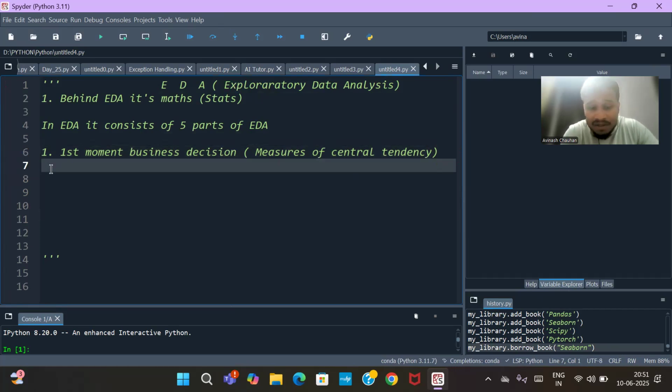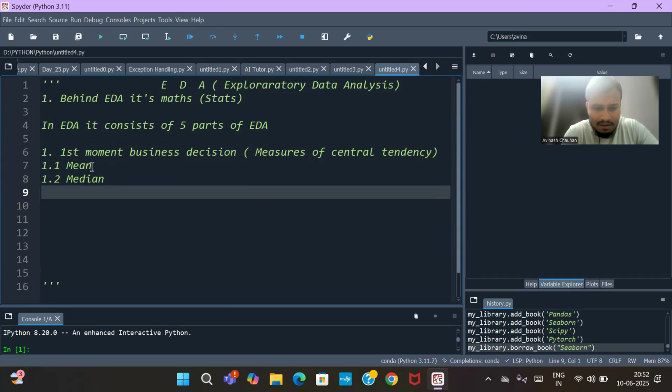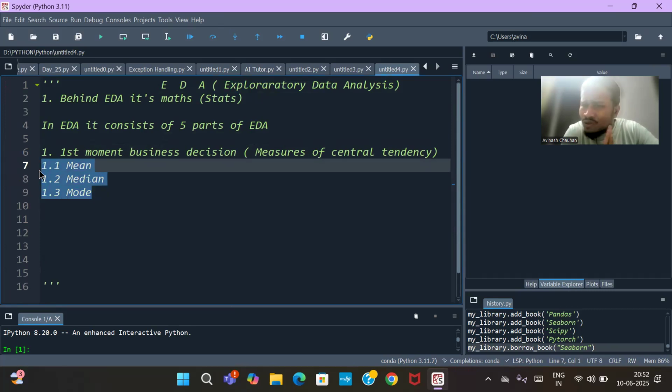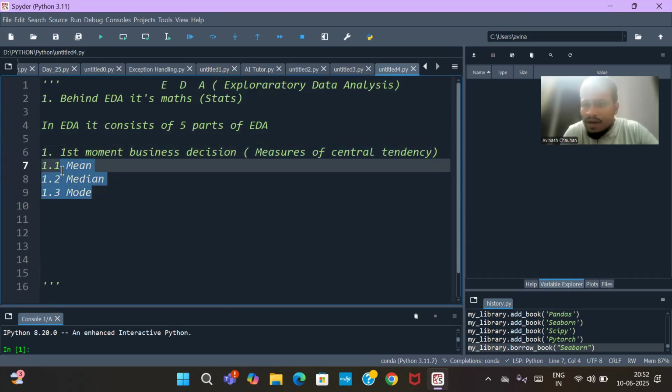And again, what is the measure of central tendency? You might have heard about it. It's mean, median, and mode. So basically, these three things are there in first moment business decision, which is measures of central tendency. And it's mean, median, mode.